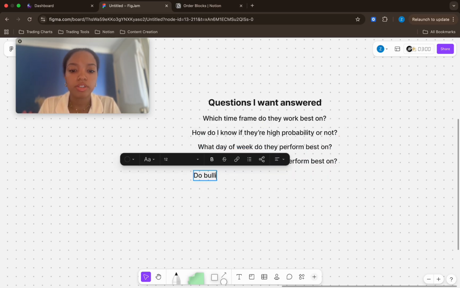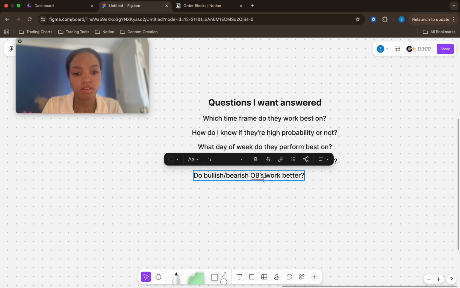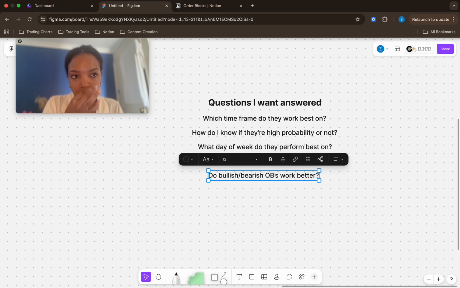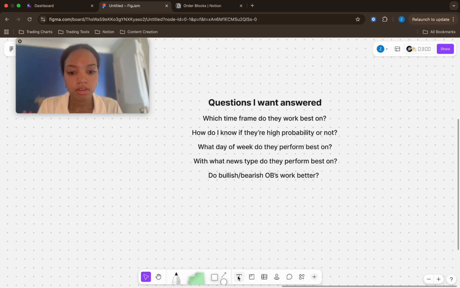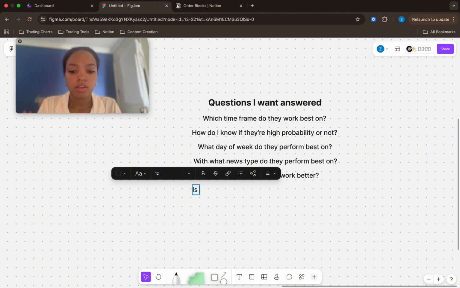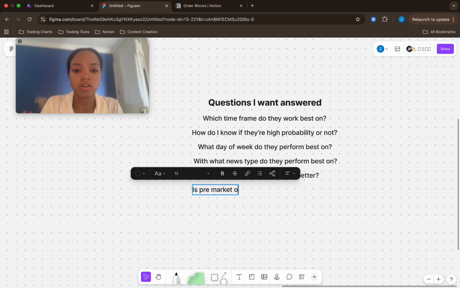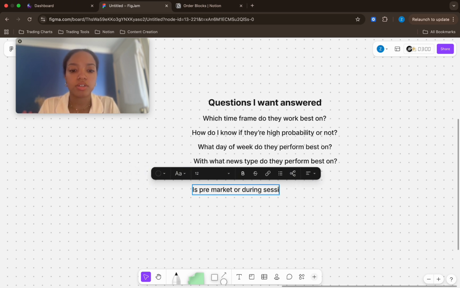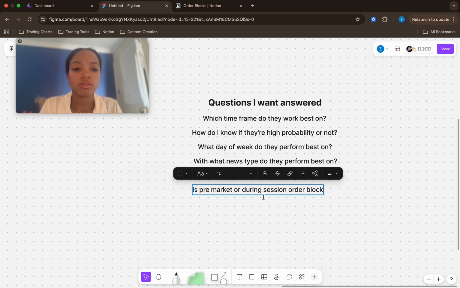Do bullish or bearish order blocks work better? Is it a pre-market or during-session order block?